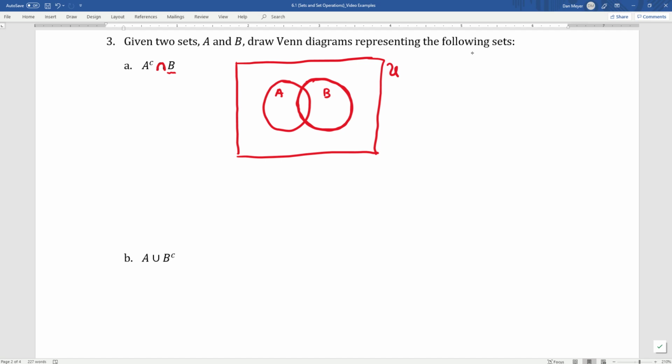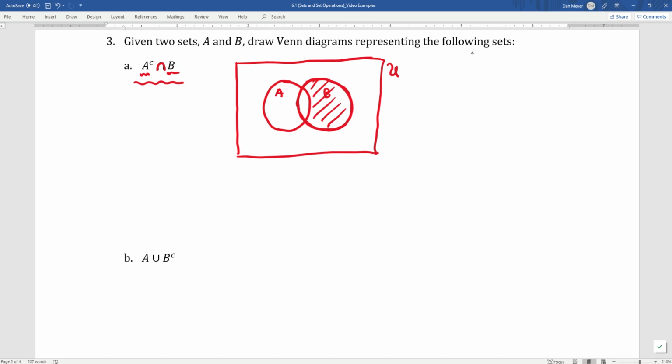So already the intersection you can think of as kind of being a restriction. We have the restriction that we need to be in the B circle, but we also need to be outside of the A circle. That's what A complement is. A complement would be the stuff outside of the A circle. So if we look at the B circle and then shade everything in the B circle that's outside of the A circle, we're looking at the crescent part of B. That's the visual or Venn diagram depiction of that set.